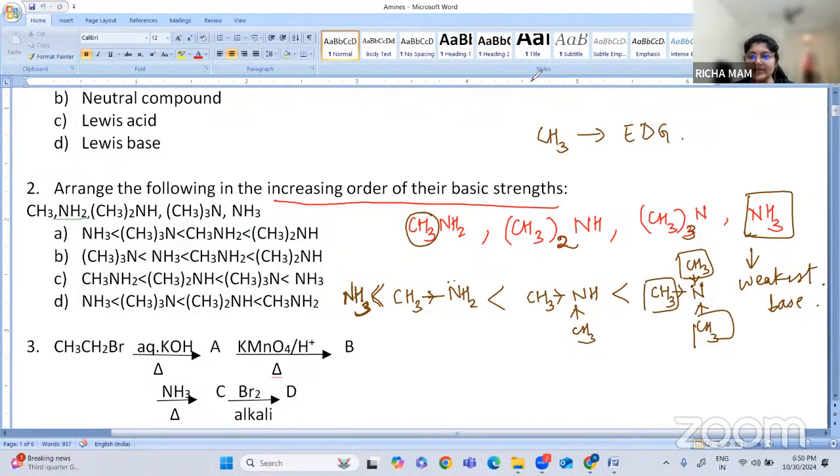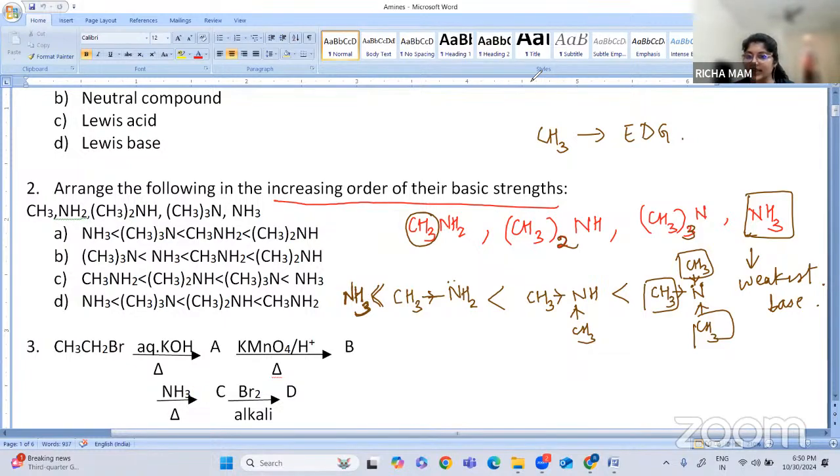But when we see the tertiary amine, because of the alkyl groups there is more steric hindrance on the nitrogen.